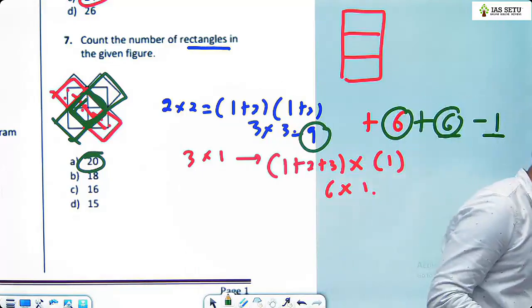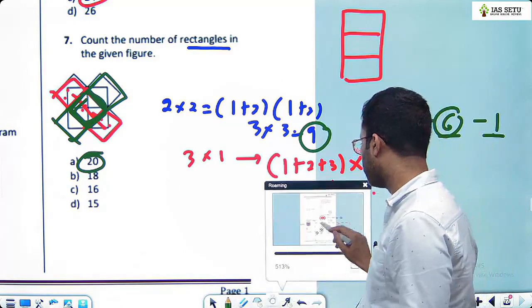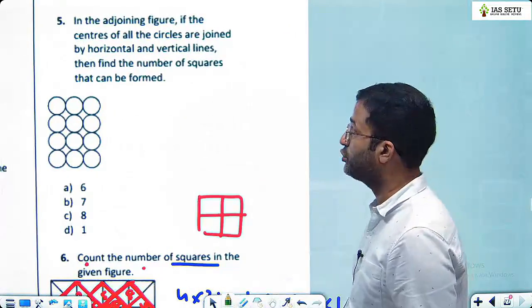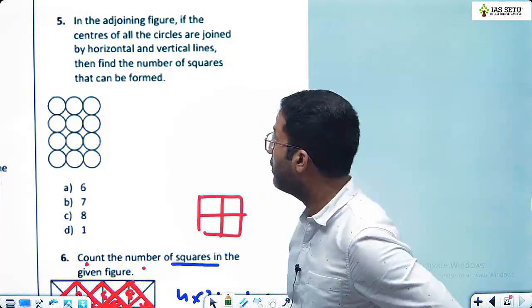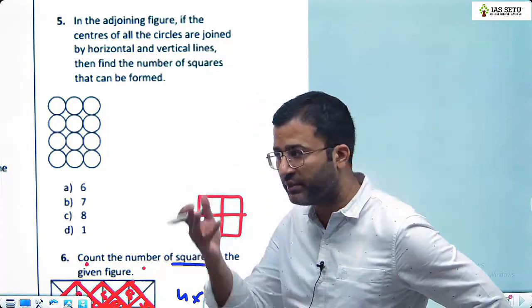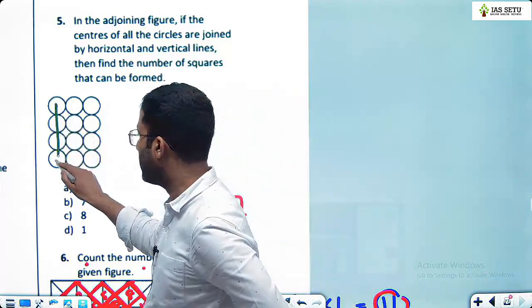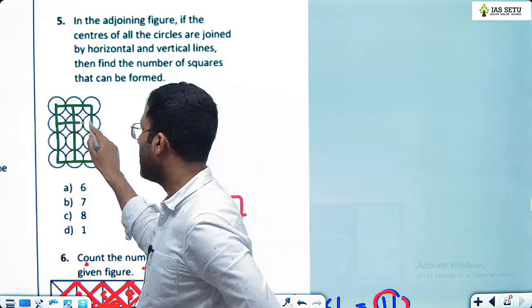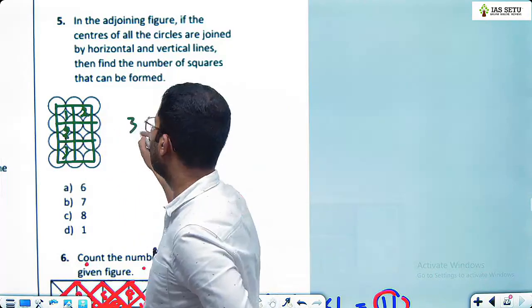Any other question? Question number 5, someone asked. It is very simple. I don't know why you are getting confused for 5. In the adjoining figure, if the centers of all the circles are joined by horizontal and vertical line, clearly mention horizontal and vertical line. Here, if I take these centers and I join with horizontal and vertical lines, I get a figure which will be 1 2 3, 2, 3 by 2 figure.